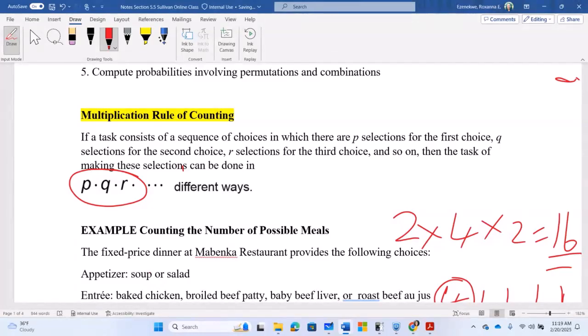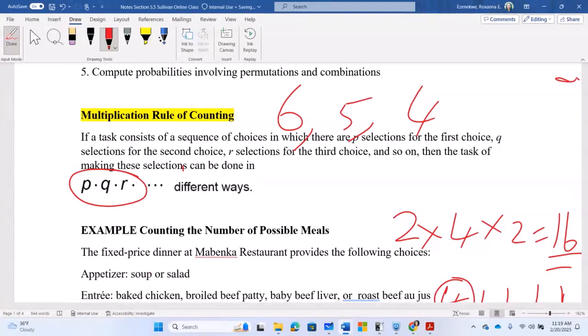Suppose a task has the first choice with 6 options, another with 5, and another with 4, and you want to select. The question is to find the number of different ways of selecting.